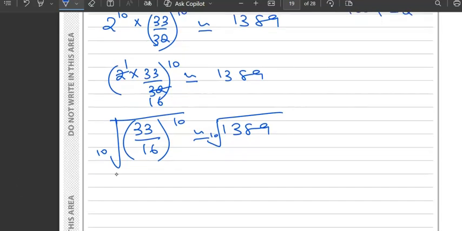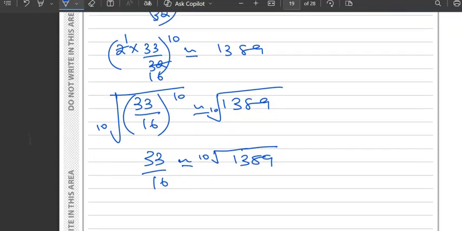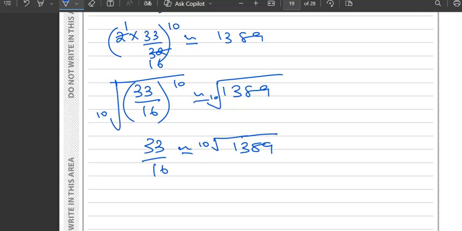So here we'll say that 33/16 is approximately equal to the 10th root of 1389, and this becomes your solution.